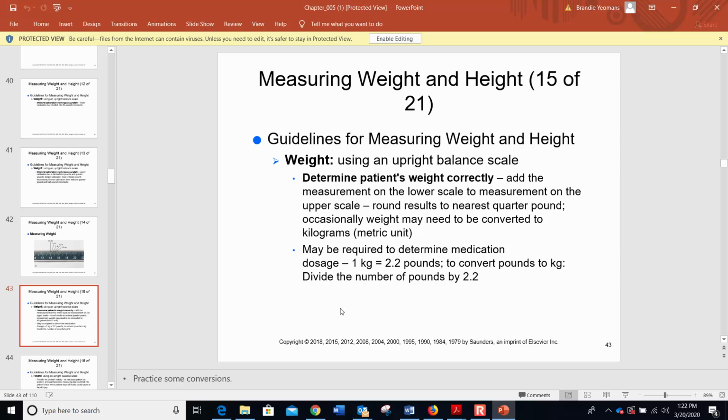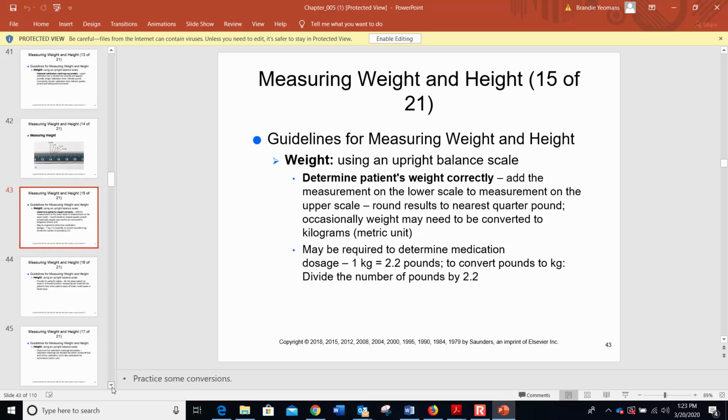Alright, and then if you wanted to go from kilograms back to pounds, then you would actually multiply by 2.2. Okay, so the big thing you need to remember is take your measurement of weight in pounds and divide it by 2.2 to get the weight in kilograms.